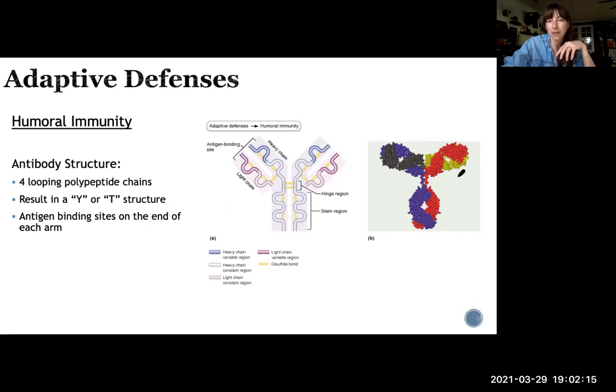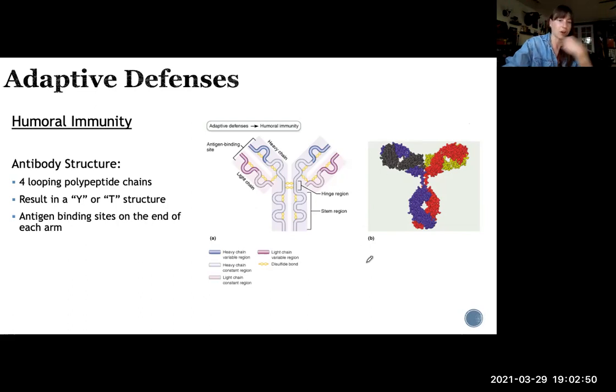So remember when we talked about tertiary and quaternary structure of proteins? This is quaternary structure. So this is multiple peptides linking together to form a larger polypeptide, okay? So you've got this Y or T structure as a result. It's semi-symmetrical, it's pretty cool. You've got 2 arms and a stem, okay? At the end of the 2 arms, you have an antigen binding site. So there are 2 antigen binding sites for each antibody.